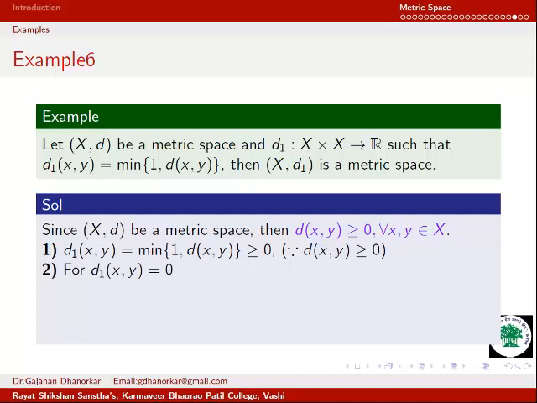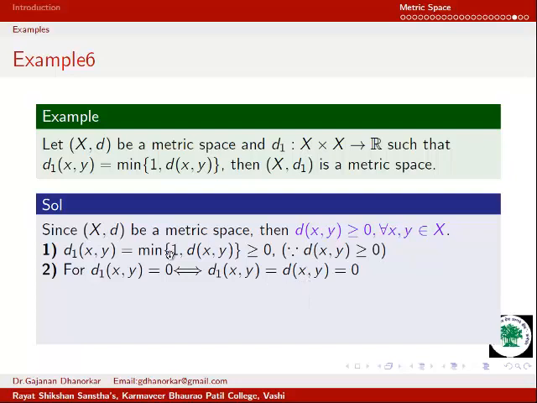Now here, d1 of x, y is equal to 0. That means the minimum of this number is equal to 0. The minimum equal to 0 means, since 1 is never 0, there must be d of x, y equal to 0. And we know that d of x, y equal to 0 means x equal to y, because d is a metric.